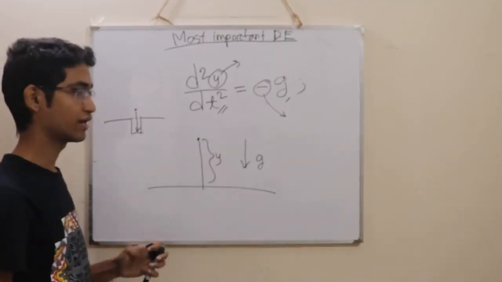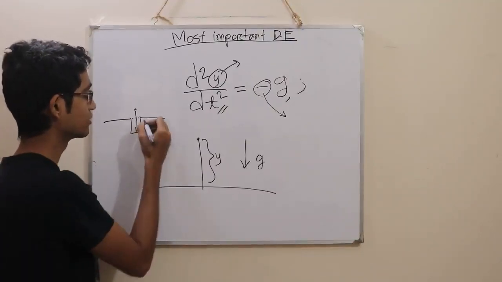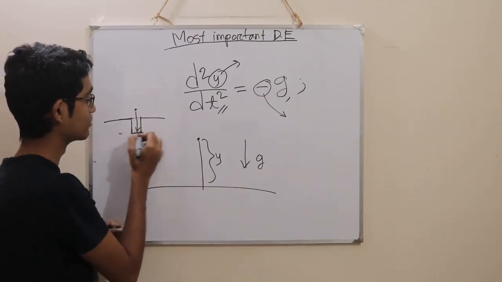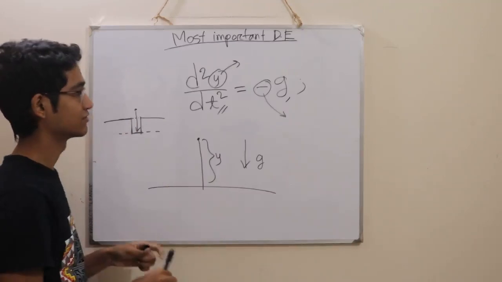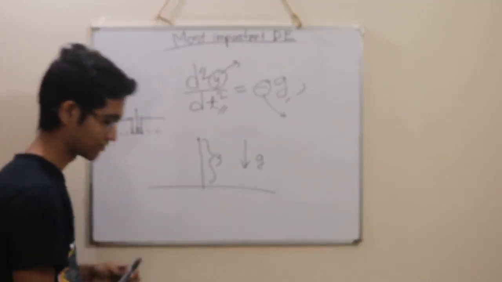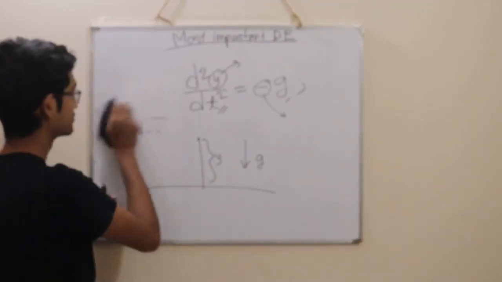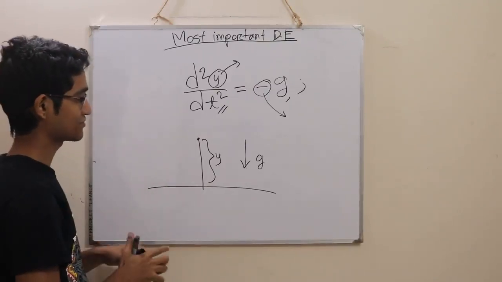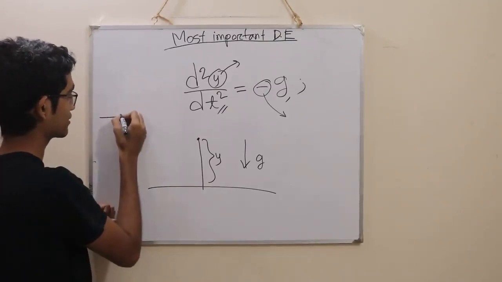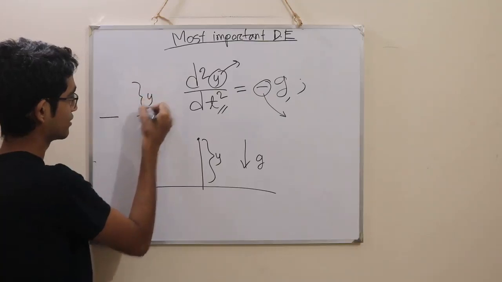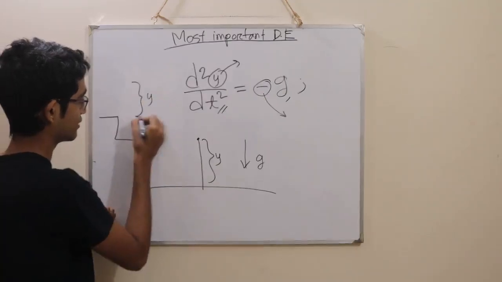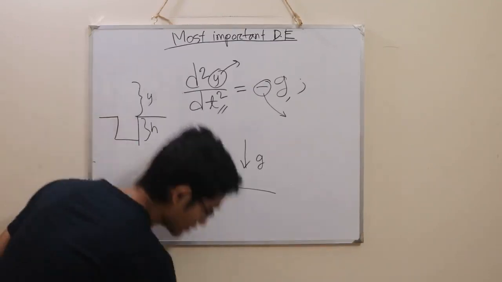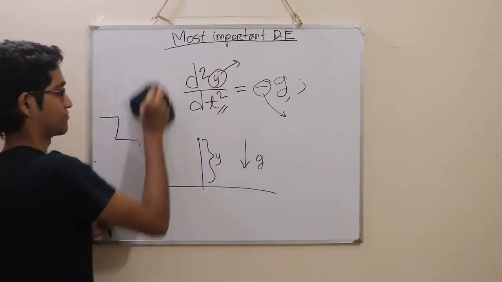But actually what happens is that when we dig a hole, the surface has gone below. That's why this falls down. The surface is not here anymore. And then the distance from the surface has to be calculated like y here and the depth of the hole itself. That's what the distance of the body from the surface will be.